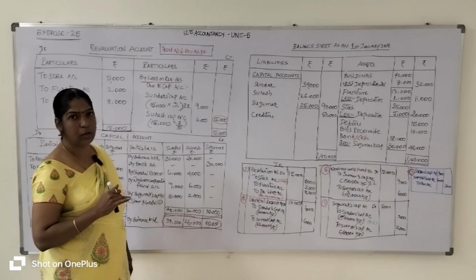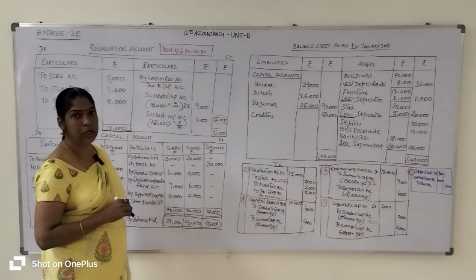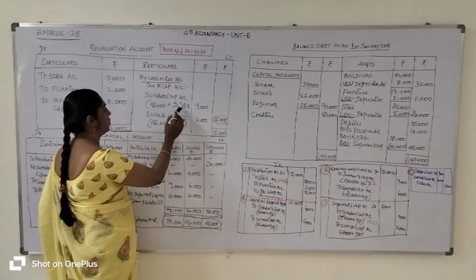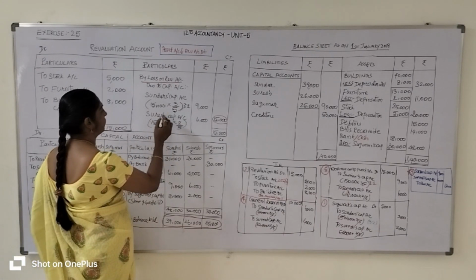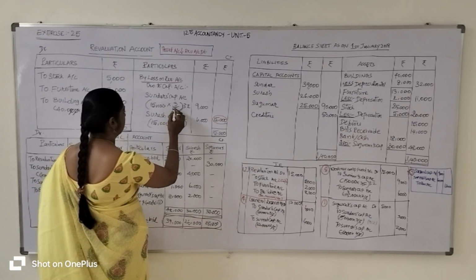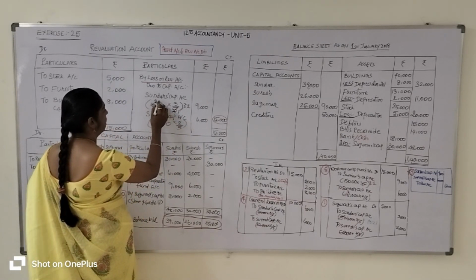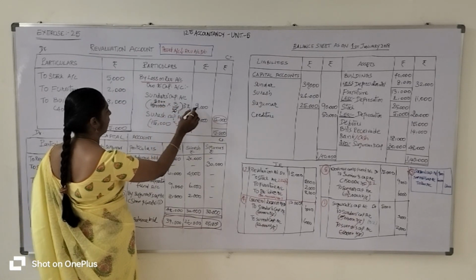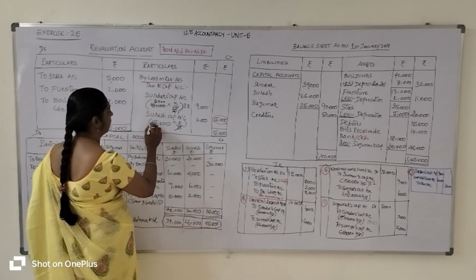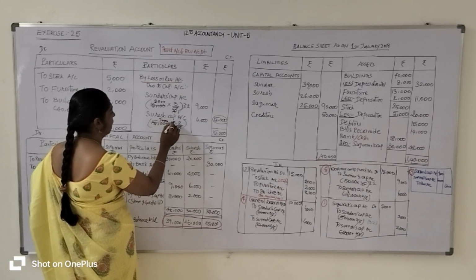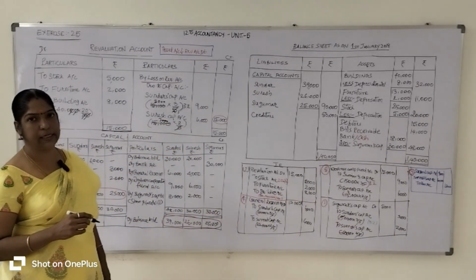Sundar and Suresh. Their profit sharing ratio is 3:2. So 15,000 divided by 5 is 3,000; 3 threes are 9,000 rupees goes to Sundar's capital account, and 3,000 into 2, 6,000 rupees loss goes to Suresh's capital account.